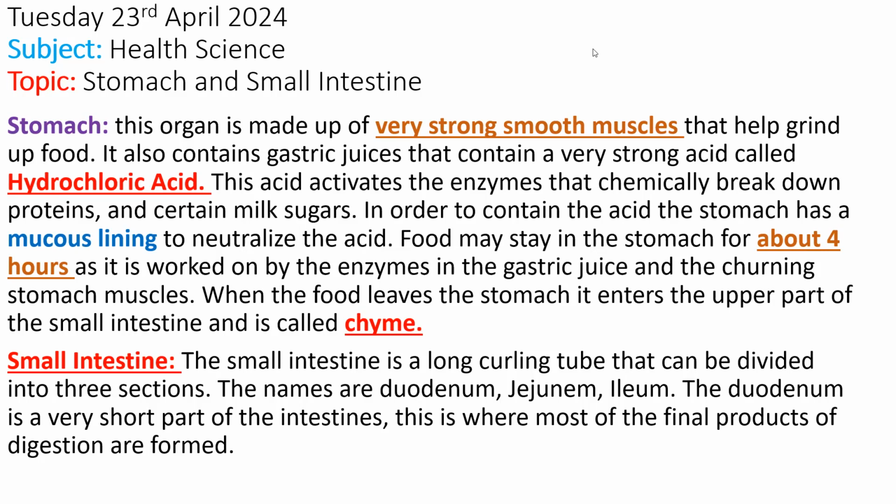Okay, stop right there. What is the name of the type of muscles found in the stomach? Me? Yes, you. What's the name of the type of muscles found in the stomach? We just read it.